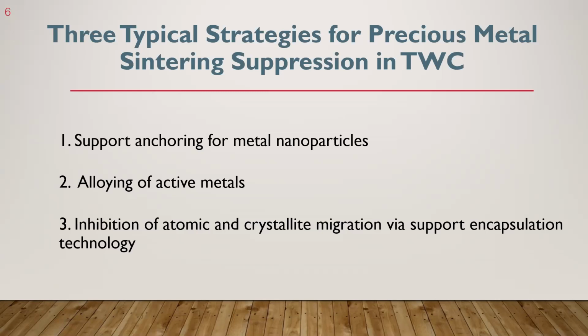In this slide, I would like to show you three typical strategies for precious metal sintering suppression in TWC. The first one is support anchoring for metal nanoparticles. The second is alloying of active metals. And the last one is the inhibition of atomic and particle migration with support encapsulation technology.